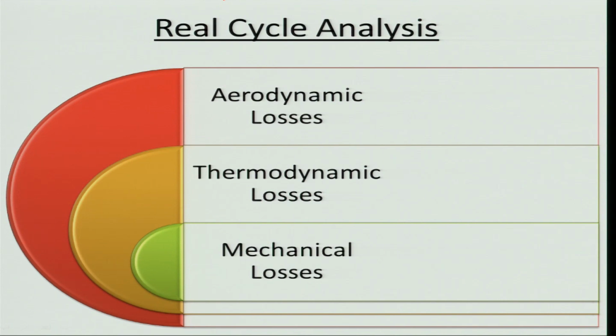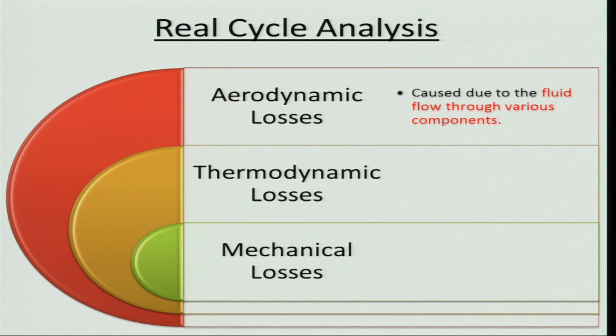And aerodynamic losses, as I told, are basically due to the fluid flow through various components of the engine, which is quite complex in nature, particularly in turbo machines, and there will be adverse pressure gradients like in the compressor, air intake and other places. If you look at your combustion chamber, it is quite complex, particularly the main combustors, even the afterburner, there will be bluff bodies, there will be mixing, there will be losses.